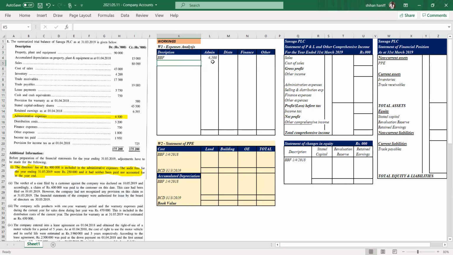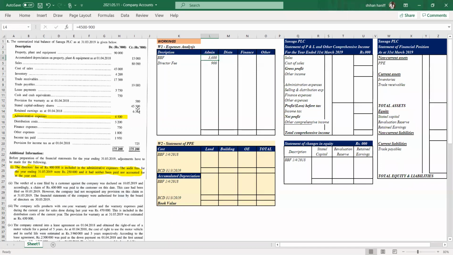Right. So this is the administration expense account. This includes 900 director fee, so we have to separately show that director fee. If you take 900 as director fee, the administration expense will be 4,500 minus 900, that is 3,600.